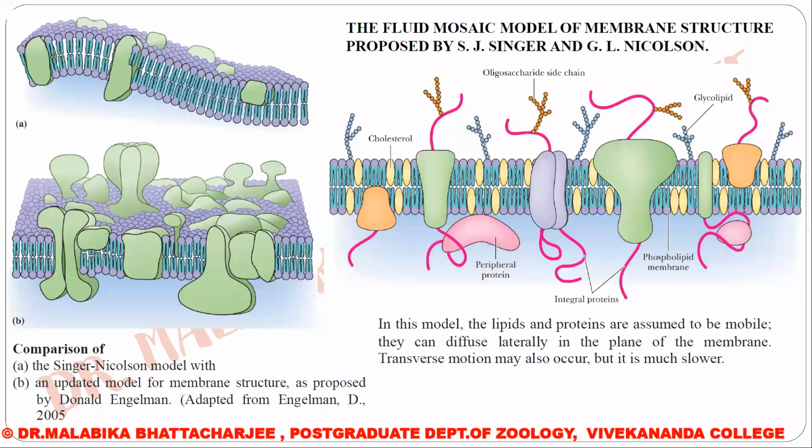Another thing, if you look into this picture, is that carbohydrates are also present in the membrane, but they are attached either to the phospholipids, so they are present in the form of glycolipids, or they remain attached to the protein, so they are present in the form of glycoproteins.